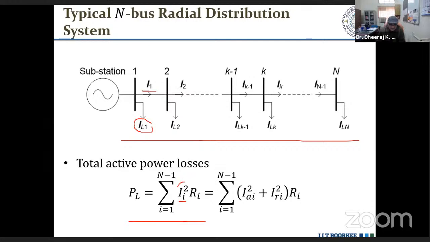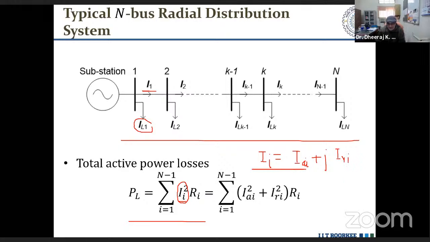This current we can express in terms of its active component and reactive component. So I squared will be the sum of the squares of these two components, the active component as well as the reactive component, as expressed here.